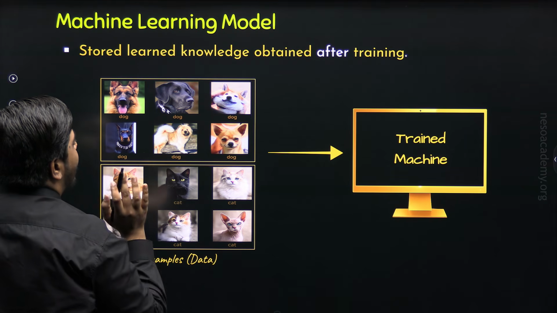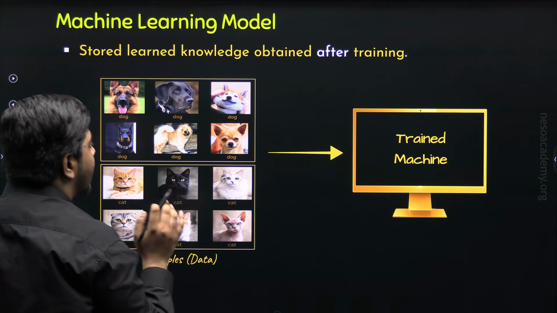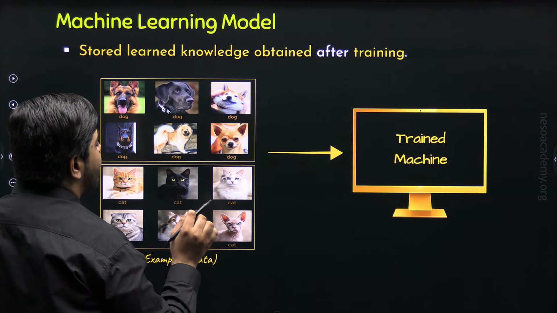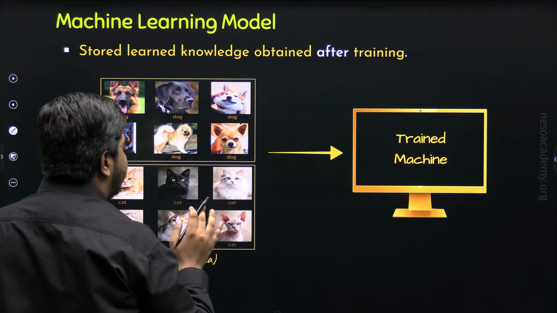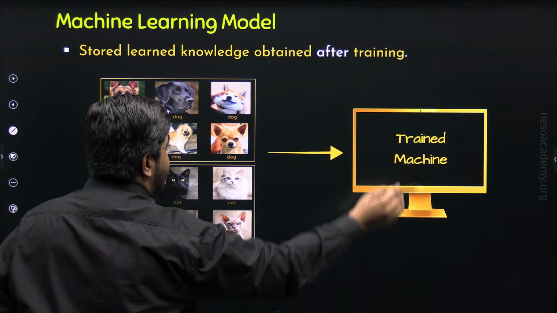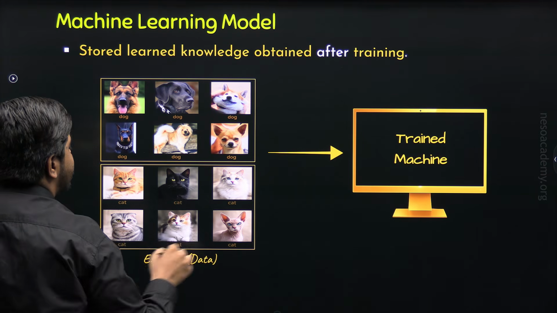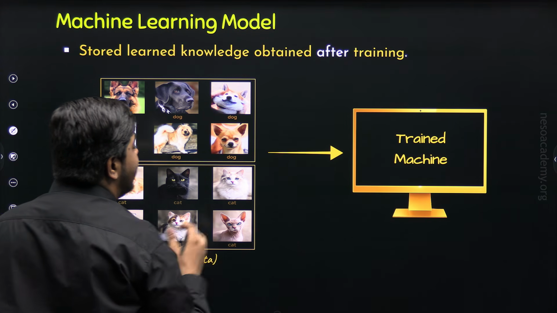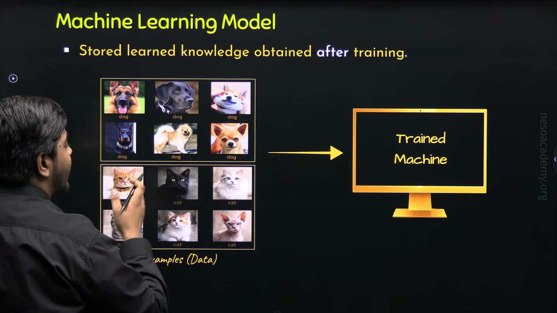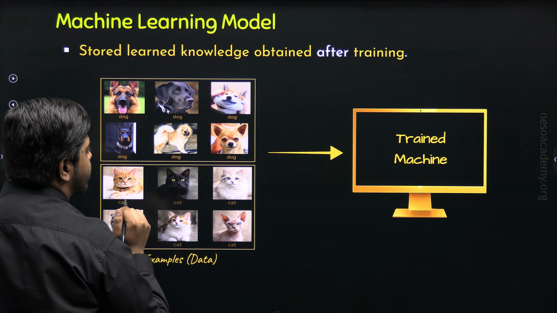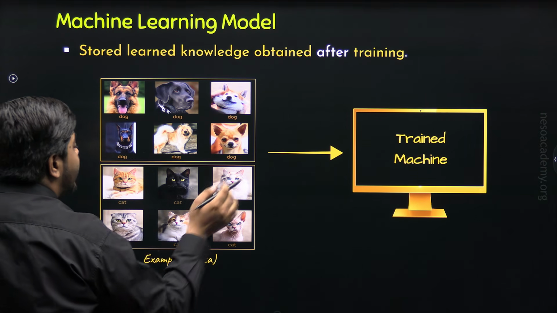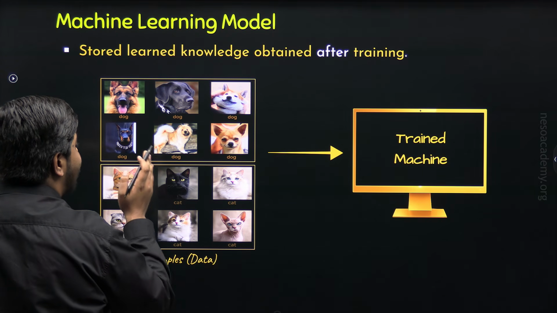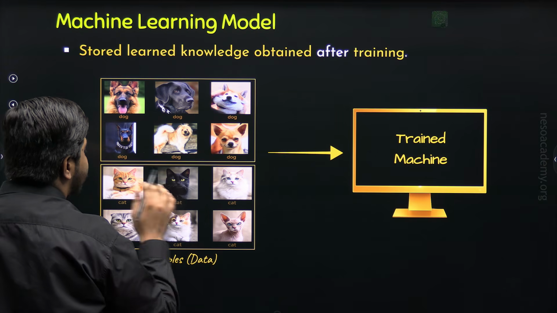Let's understand this point with a simple example. I hope you all remember this example that we have taken in our very first lecture. There, we trained our machine using multiple images of cats and dogs, so that our machine will be able to distinguish between the images of cats and dogs. Now, during the process of training, our machine learns the features and patterns of dogs and cats.